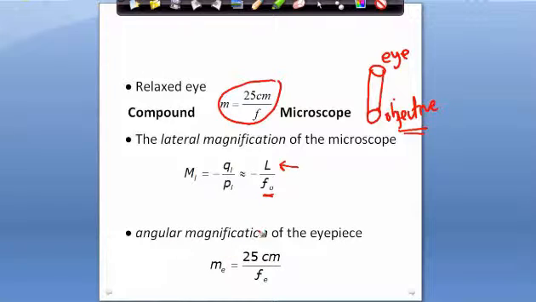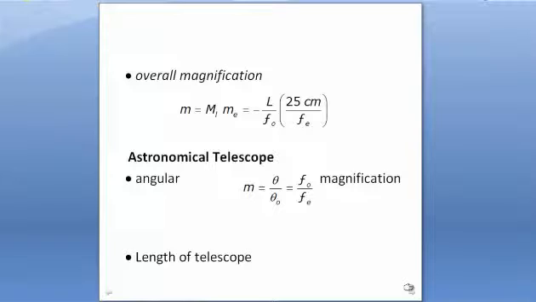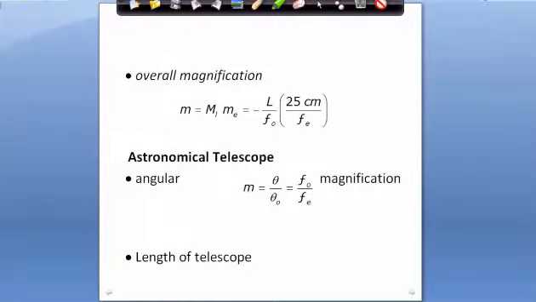The angular magnification of the eyepiece is equal to 25 divided by the focal length of the eyepiece. The overall magnification is the lateral magnification multiplied by the magnification of the eyepiece. You multiply the two together, you get the total magnification of your microscope.